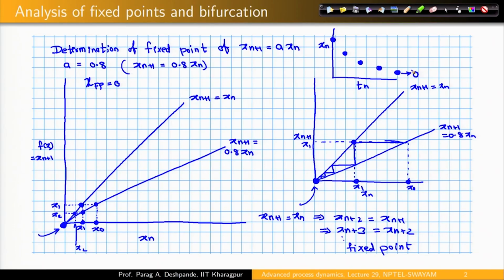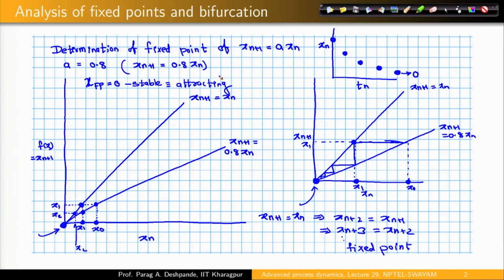Now, this means that x fixed point equal to 0 is a stable fixed point, right. It is a stable fixed point, like your stable equilibrium solution. There is a term which is used for a stable fixed point: attracting. This fixed point is an attracting fixed point.